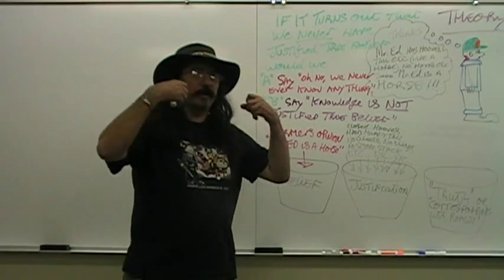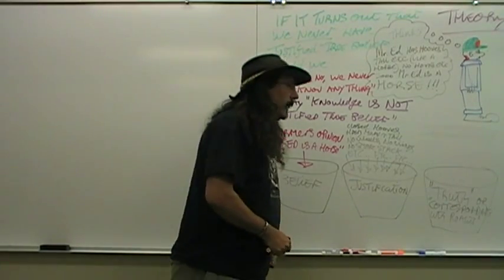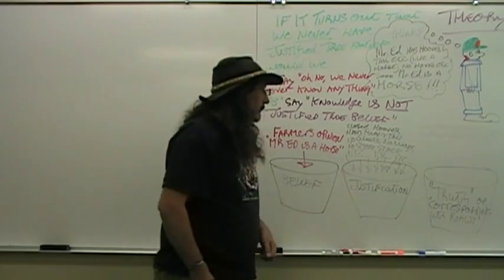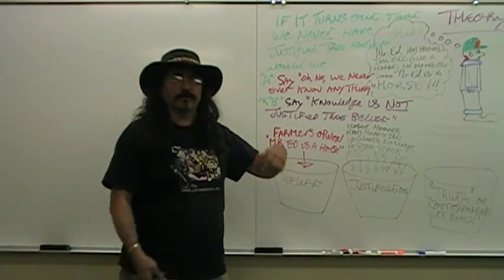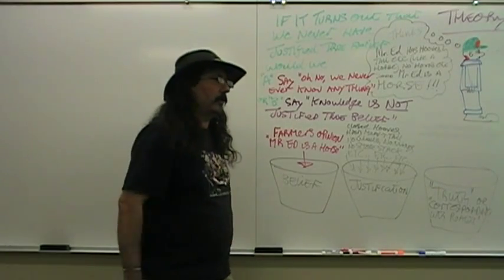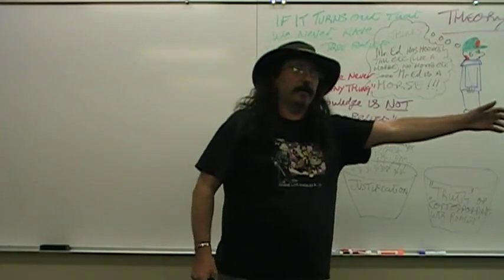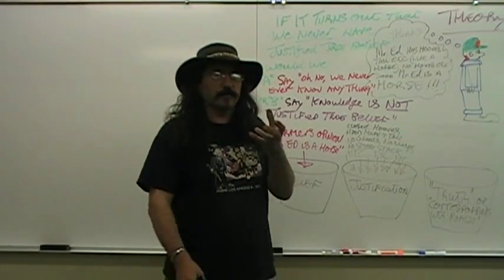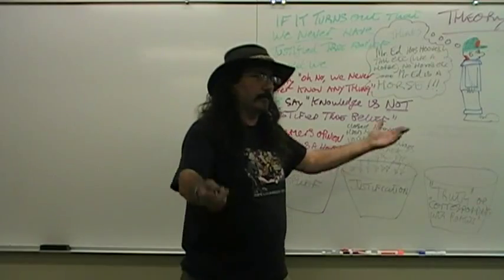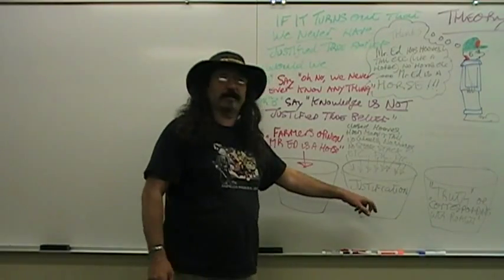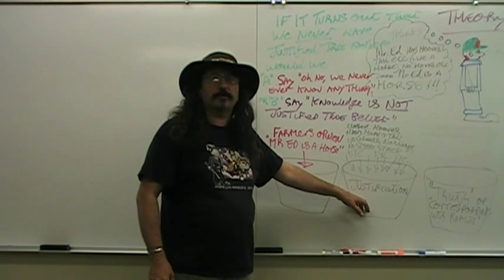I can show that I believe it, right? And I can show I have evidence. I can give you evidence, right? I bring in icicles and snow, and I take some beer out there that you've previously marked, and I set it out there, and bring it back in, and it feels cold. Or you just go out there and it feels cold, right? But all of those things go in the justification bucket. None of them go in the truth bucket.